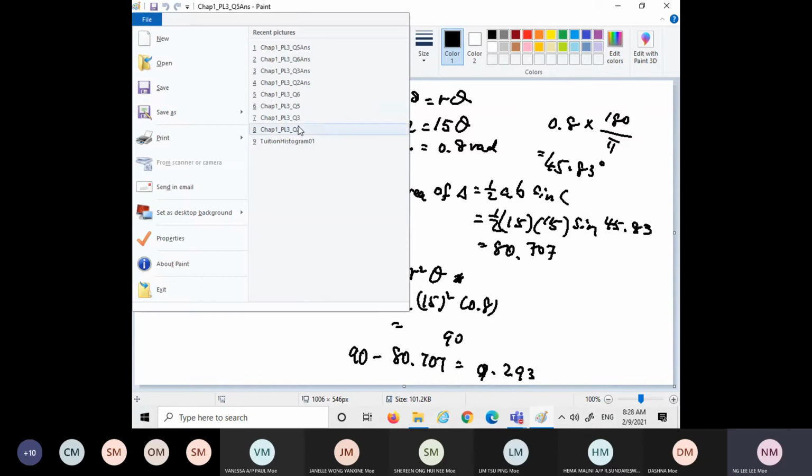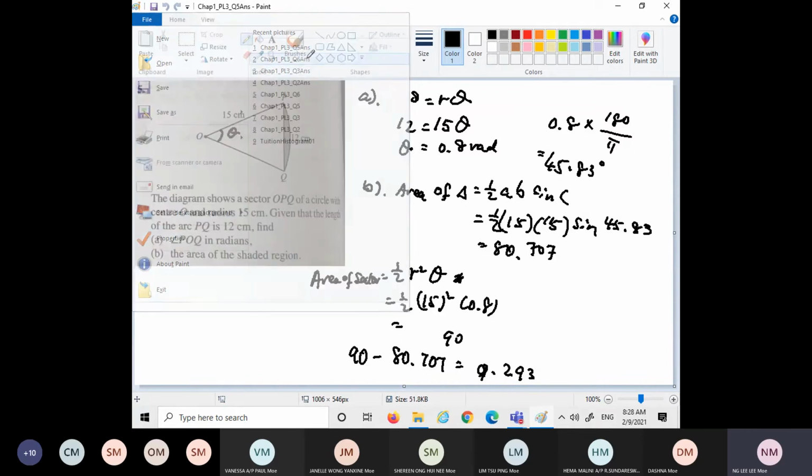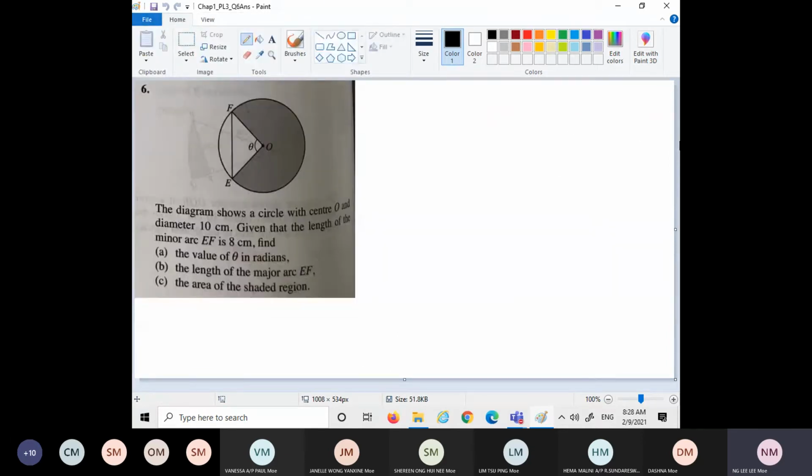Okay, so we go to the next one. Center O, diameter 10. So this is 10. Given that the length of the minor arc EF is 8, from here to here.